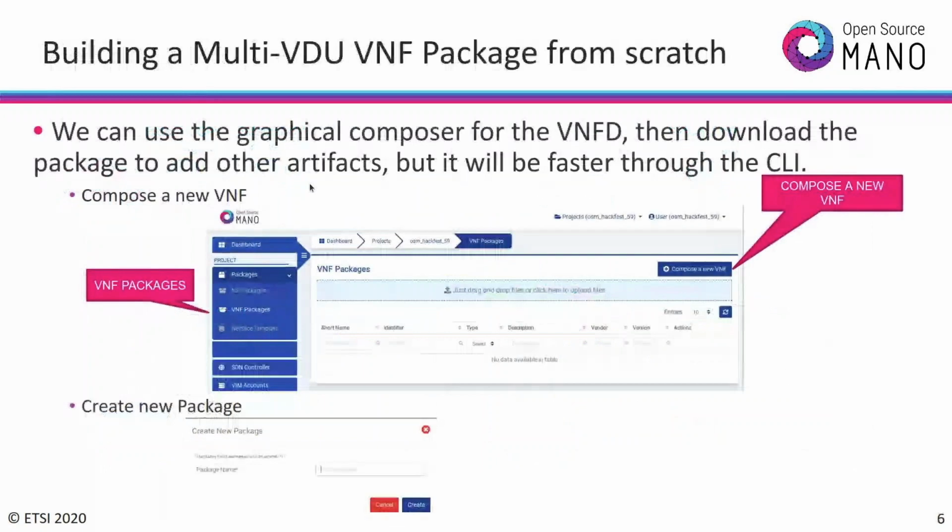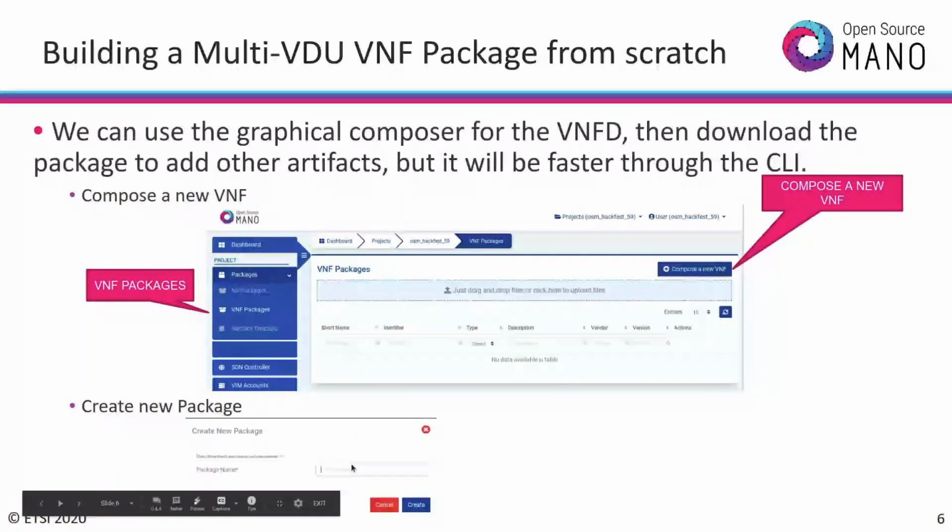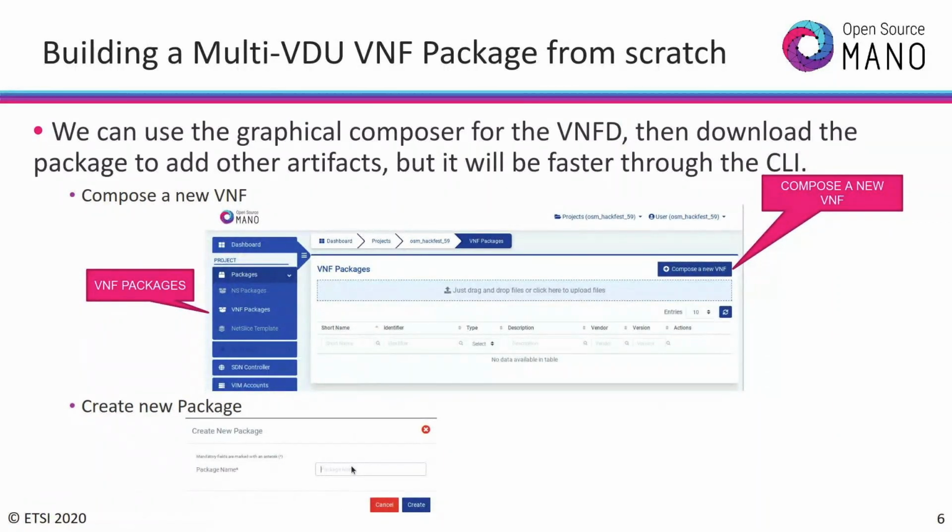Okay, so to build this package from scratch, we have some options. We could use the graphical composer from the dashboard. There's a button that will say compose a new VNF, and it will get us through the process of building it through the GUI by putting a name first and then dragging and dropping the components that we need to add.